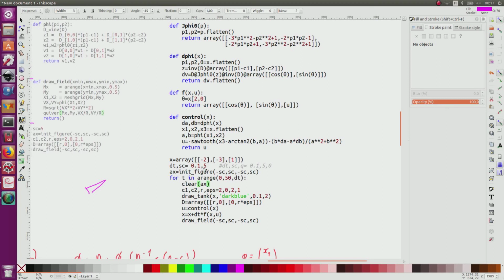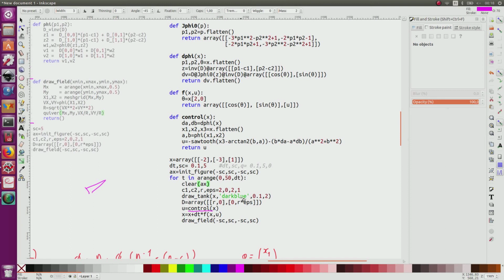The scale is always equal to 5. I initialize my matrix D with a radius r equal to 1 as previously, 2 and 0 for the center. I added a controller that has just been developed a few minutes ago.